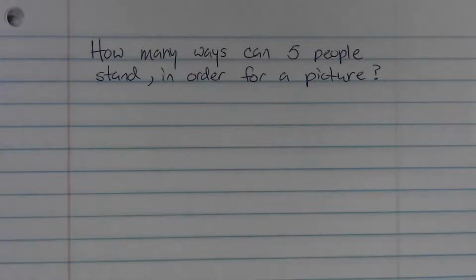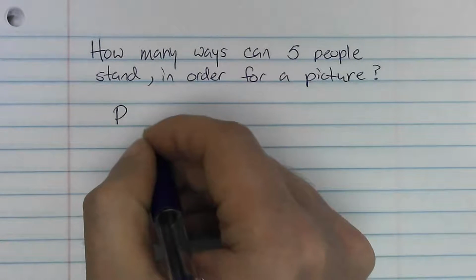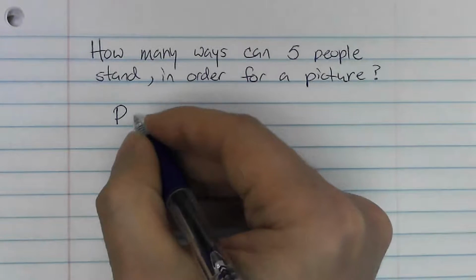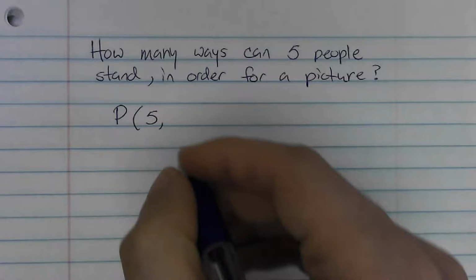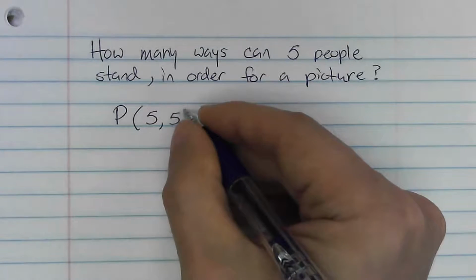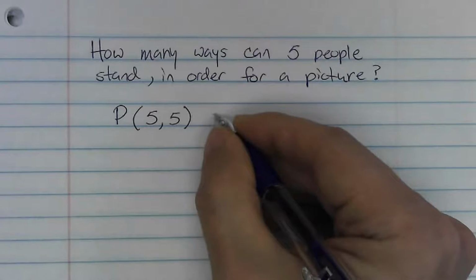Okay, this next one. How many ways can 5 people stand in order for a picture? If this wasn't a word problem, we would do a permutation. We're starting with 5 people, and we want them all to stand in order for the picture, so we're going to have all 5 of them in there, 5 factors. The way this would work is as follows.